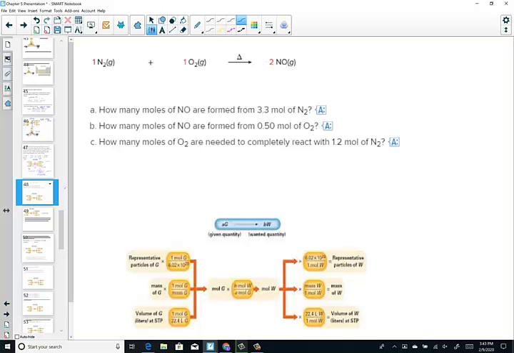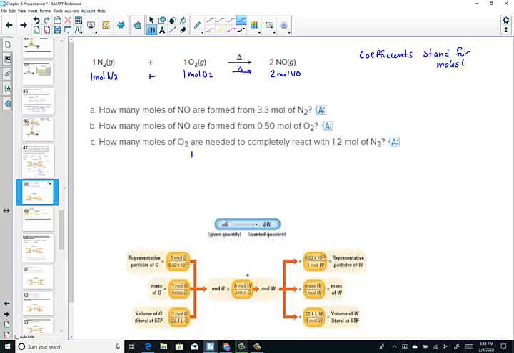Whoops, I have to flip our notepad page. Here the recipe gives us 1 mole of nitrogen to react with 1 mole of molecular oxygen, and it forms in the presence of heat 2 moles of NO. Coefficients stand for moles. These are mole-mole problems.